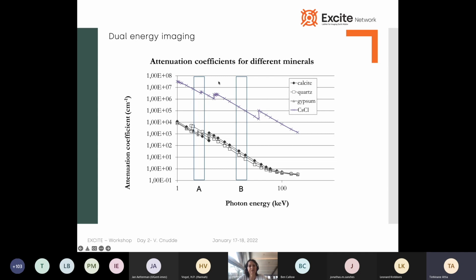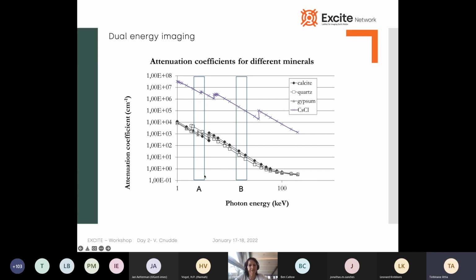If you look at the theoretical linear attenuation as a function of energy, you immediately see that if you scan your sample at an average photon energy, which is in situation A, very low, compared to an average photon energy which is higher, then there is a shift in the way the attenuation coefficients are changing because of a K-edge jump.